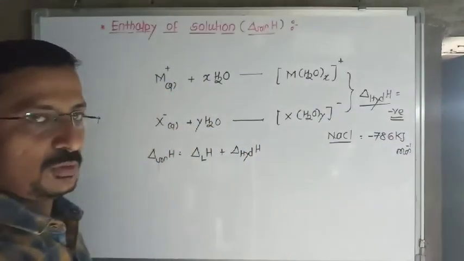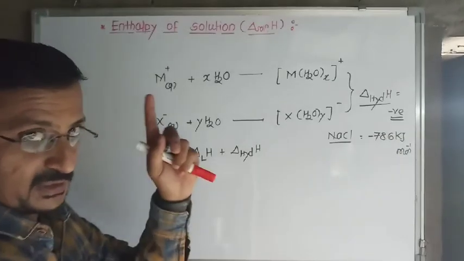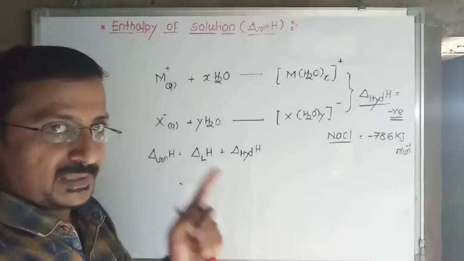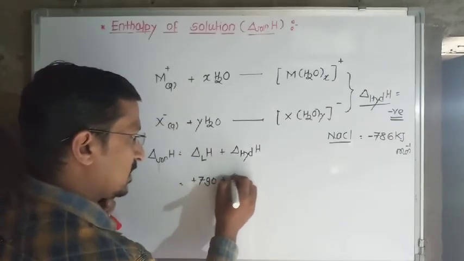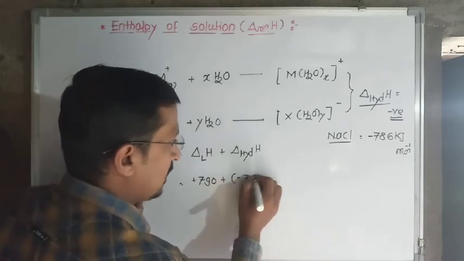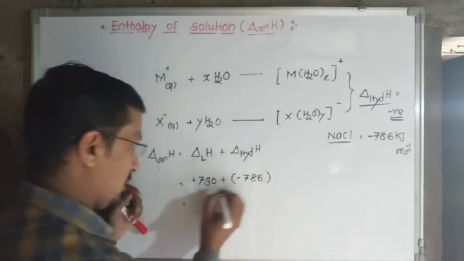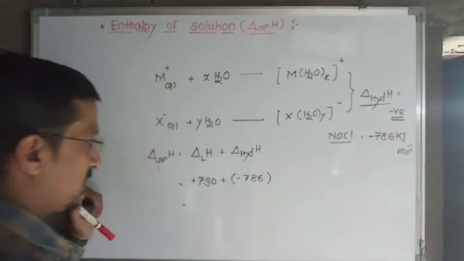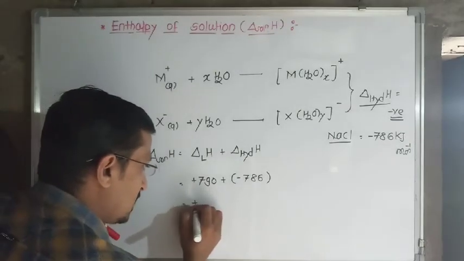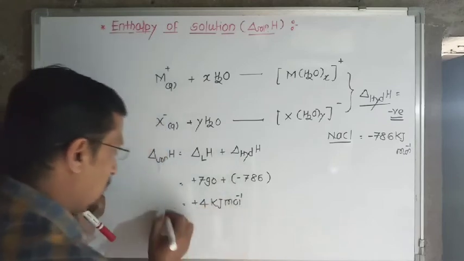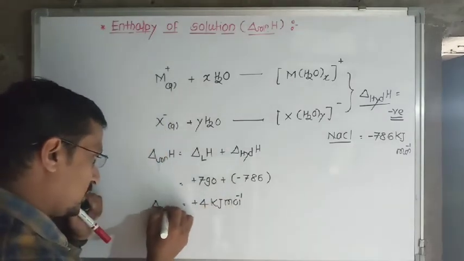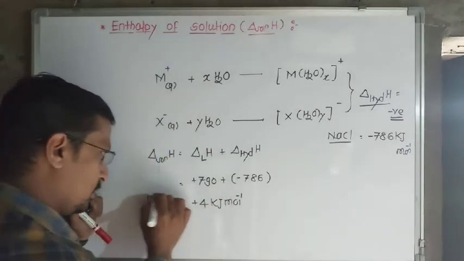The crystal lattice enthalpy for NaCl determined from the Born-Haber cycle is 790, so 790 plus minus 786, it becomes plus 4 kilojoule per mole, the enthalpy of solution.